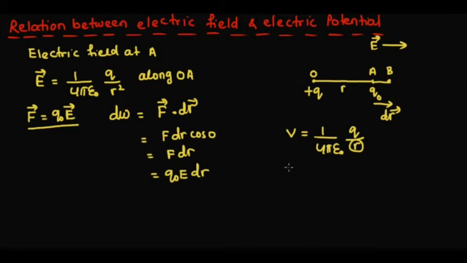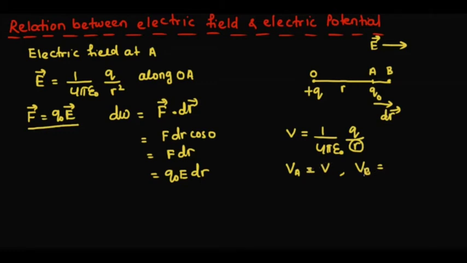If I say that the potential at point A is VA equal to V, then the potential at point B will definitely be less than V. Since the two points A and B are separated by a small distance dr, the difference in potential between the two points is also small.